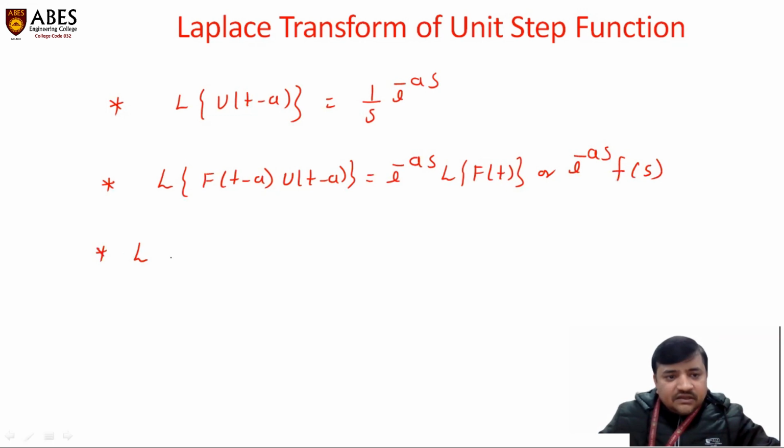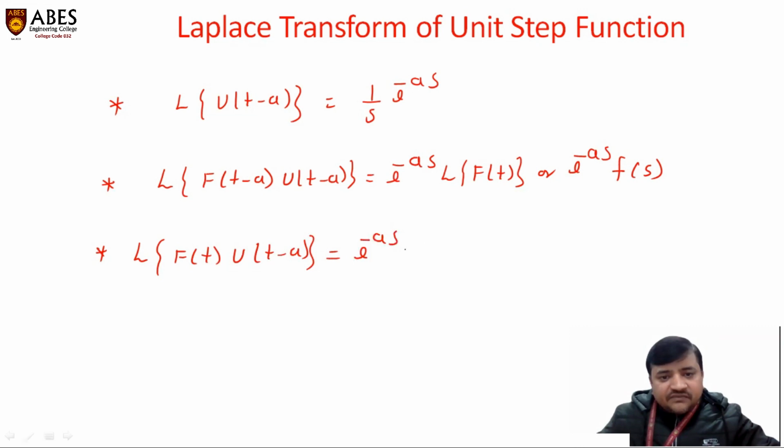And the third one is Laplace transform of f t u t minus a. If the function is given in terms of f t, not f t minus a, then in this case the Laplace transform is given as e to the power minus as Laplace transform of f of t plus a. So these are the three basic Laplace transforms of functions related to the unit step function.